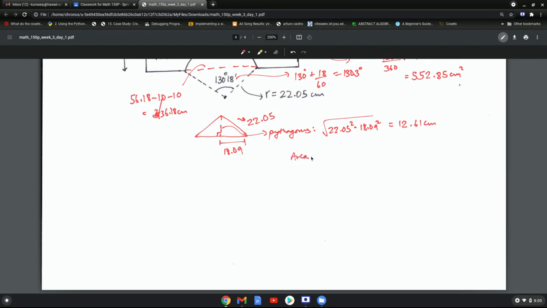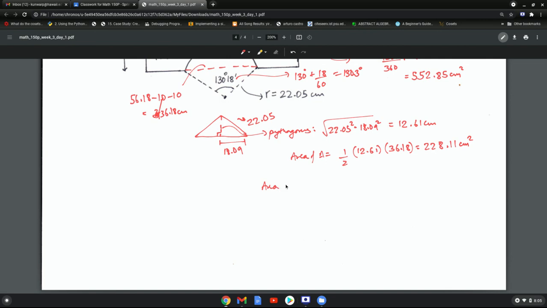So the area of the triangle is going to be 1/2 times the height, which we just found, times the base, which is 36.18. And that comes out to 18.09 times 12.61, which is 228.11 centimeters squared.